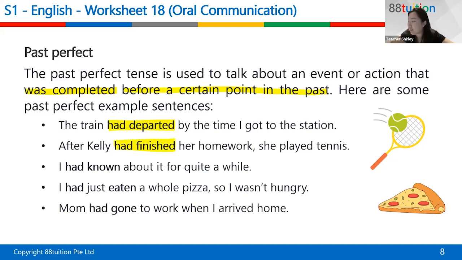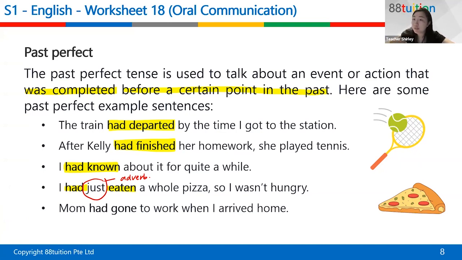She played tennis. I had known. You've completely known about this for quite a while. Completed. I had eaten. Just, in this sentence, the word just actually acts as an adverb.